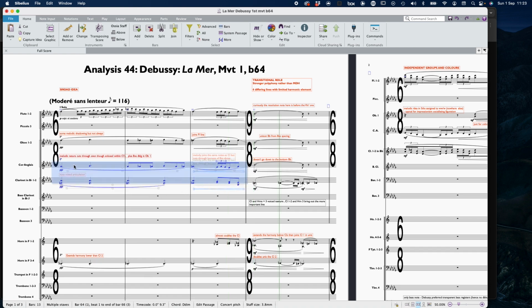So when it's played with the cor anglais, just on this, like that. And then, of course, with the melody. It's quite a nice way of doing this.